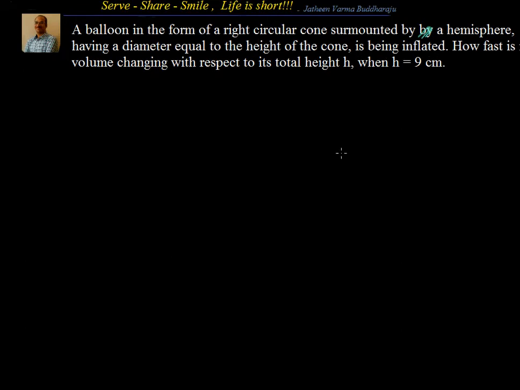So we have a balloon in the form of a right circular cone, surmounted by a hemisphere, that's the hemisphere we have, having a diameter equal to height of the cone.